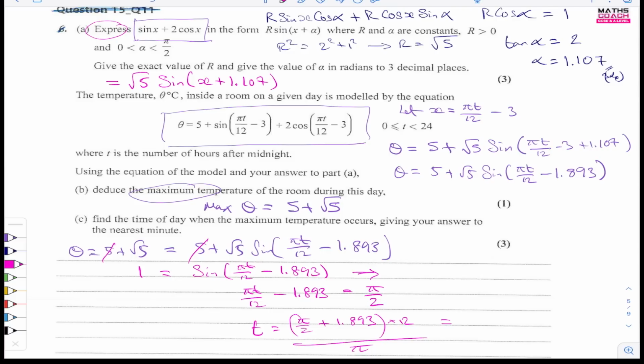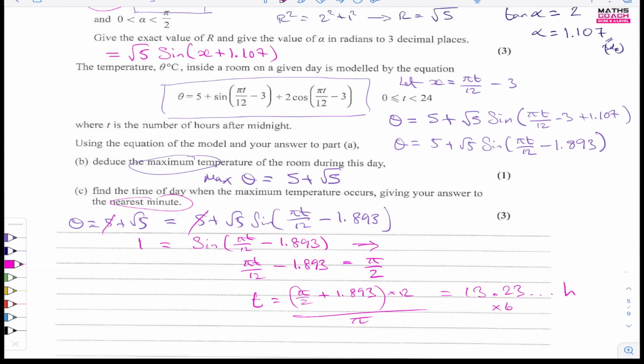So pi by 2 plus 1.893 times by 12, and then divided by pi. We get 13.23.